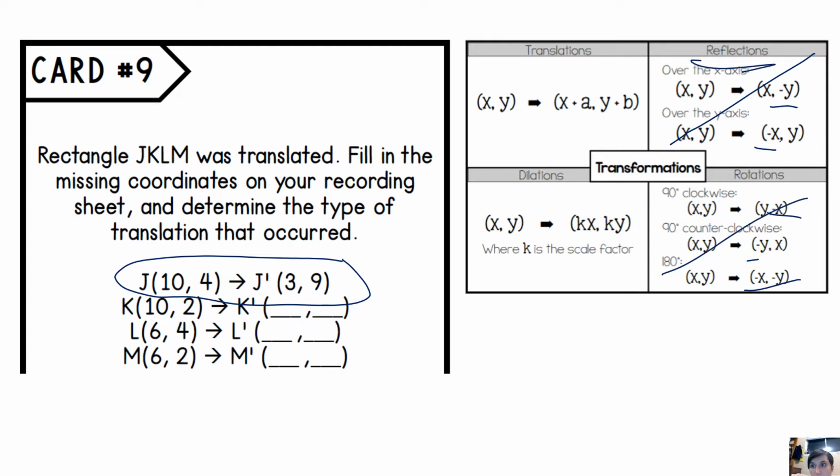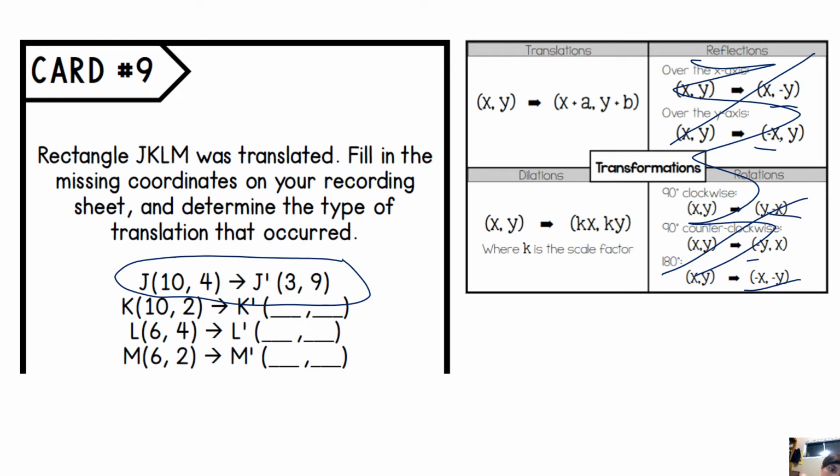So those are both out. It's either a translation or a dilation. If there's a scale factor that's common, like 10 goes to 20 and 2 goes to 4, aka they were both multiplied by 2, well, then that's probably a dilation.